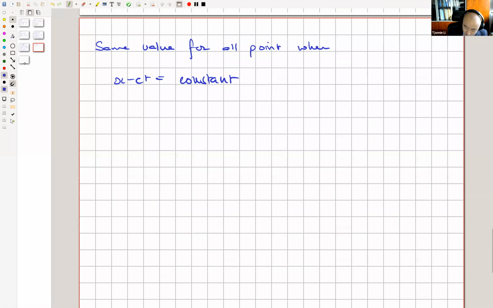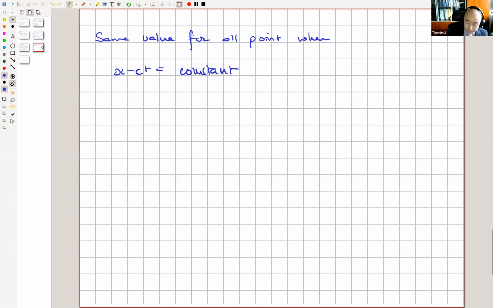So we get the same functional form, or the same position, same location, when I select this. And this is indeed this observer traveling at speed of light, or traveling at v.